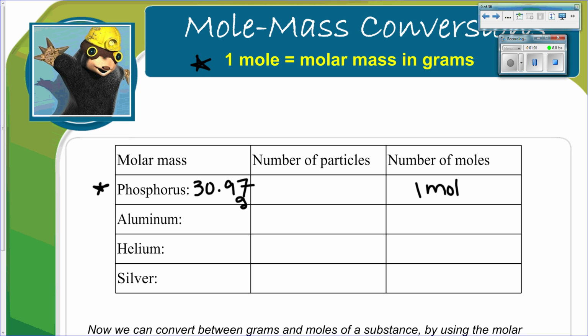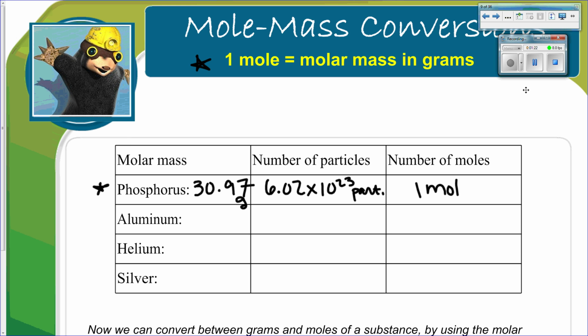And we also know from the previous video that 1 mole of anything, when you count it, is going to be 6.02 times 10 to the 23rd. And so if you've got 30.97 grams of phosphorus, you therefore have 1 mole, and therefore you have 6.02 times 10 to the 23rd particles of phosphorus.